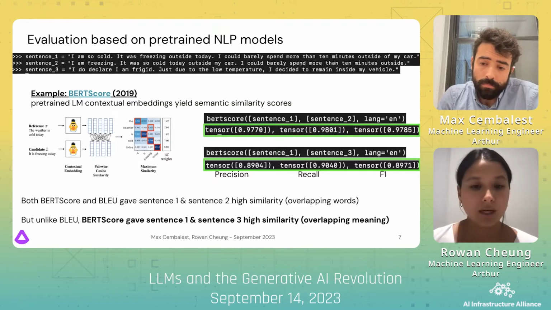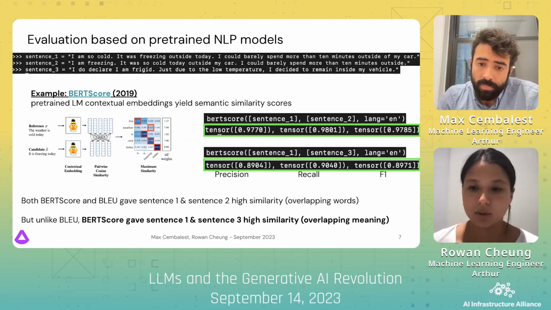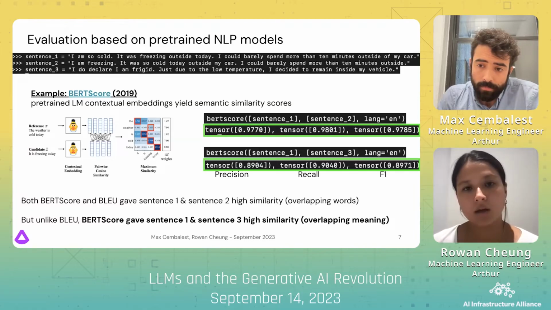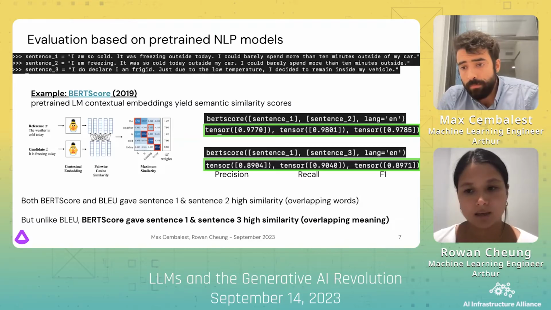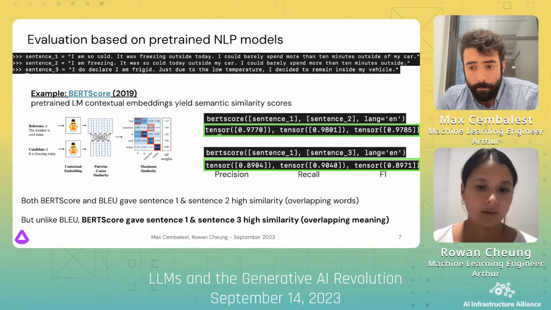Repeating the same measurements of evaluating sentence 2 to a reference of sentence 1 and sentence 3 to a reference of sentence 1, we see that the BERTScore is much more consistent across these 2 evaluations. So we're able to successfully use the embeddings and the pre-trained knowledge to get a score that takes into account the semantic meaning of these sentences.